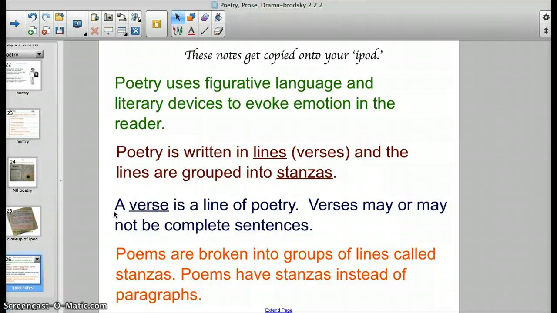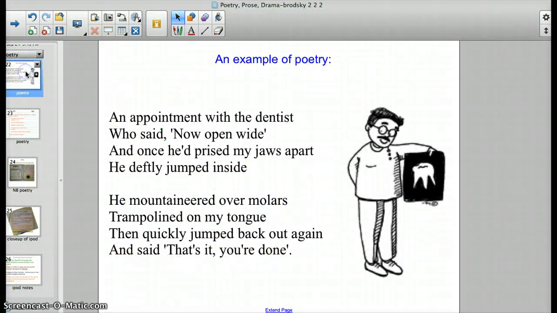Verses may or may not be complete sentences. If we go back to that one that I talked about earlier, it's not necessarily a complete sentence. "He trampolined on my tongue": it doesn't have "he" there, it's just "trampolined on my tongue." If you wrote that in prose, you would get marked wrong because it's not a complete sentence. In poetry, it doesn't have to be.